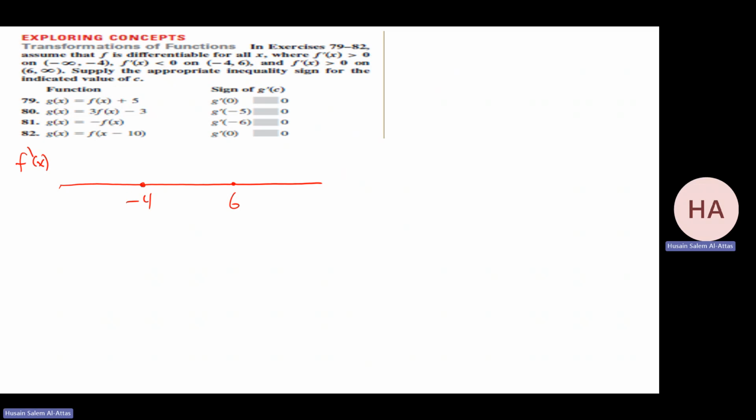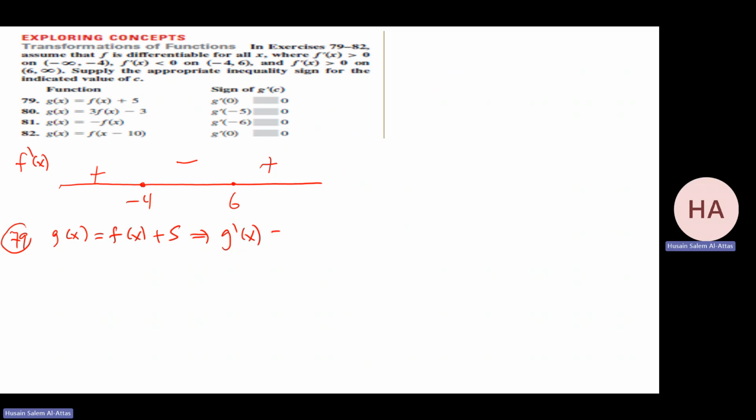From -infinity to -4, it's positive. -4 to 6, it's negative. 6 to infinity is positive. Okay. Now let me do 79. What do they want in 79? They want this function, g of x equals f of x plus 5. So I have f prime.